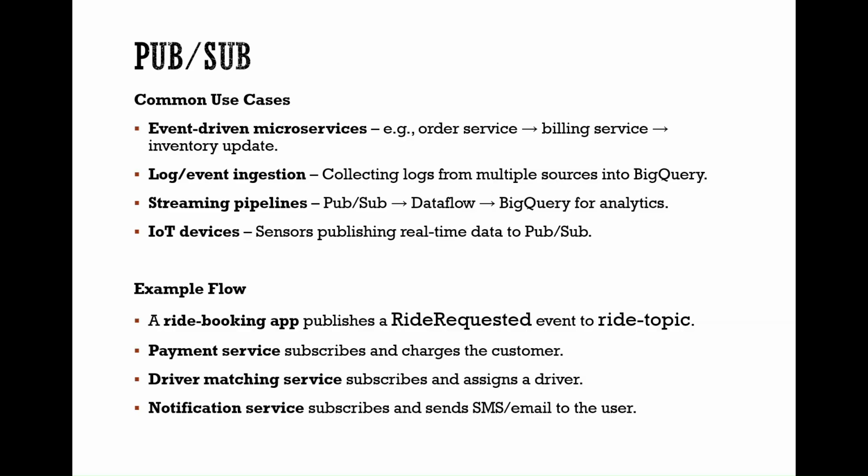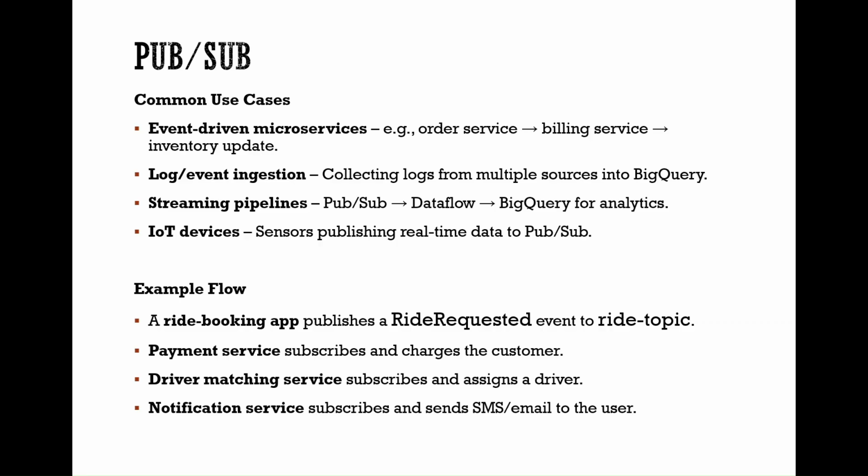You just send the log to Pub/Sub, and Pub/Sub has the responsibility to deliver that log to a particular place. Then you can also use it in streaming pipelines. IoT devices are really effective when you have to push real-time data to the servers. Pub/Sub is very good at handling millions of requests in one second at real-time speed. So that's how it's been used.